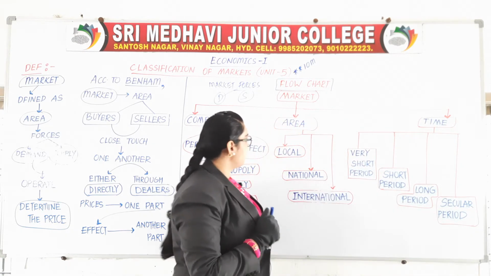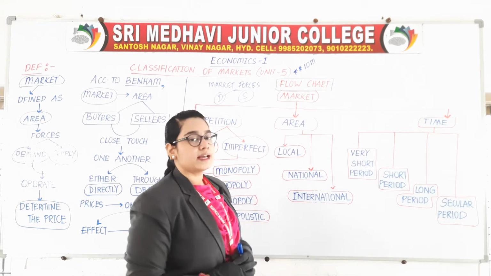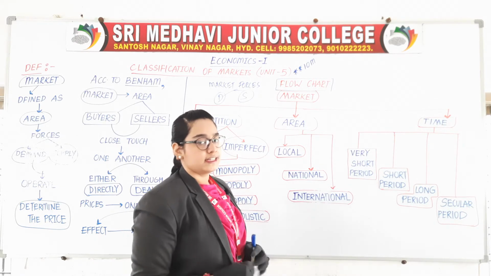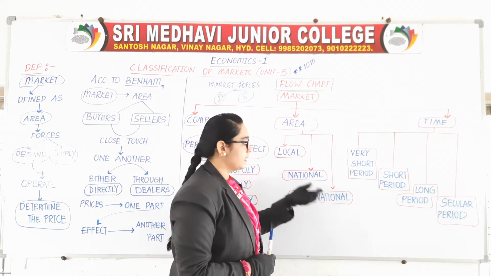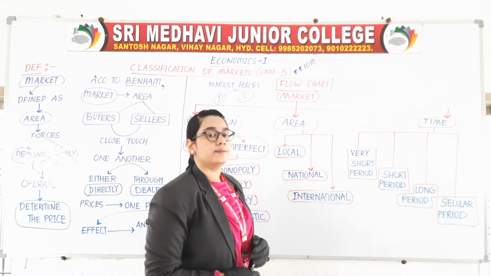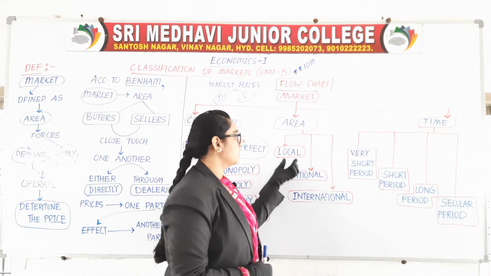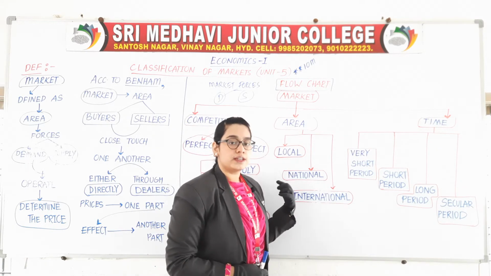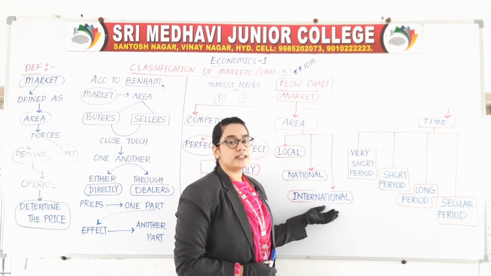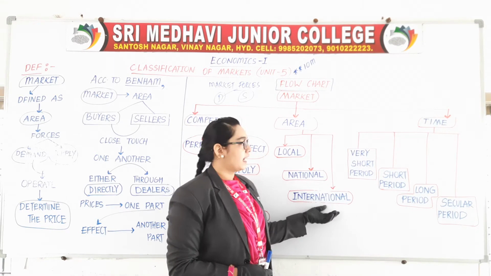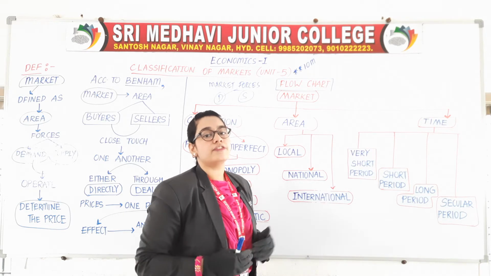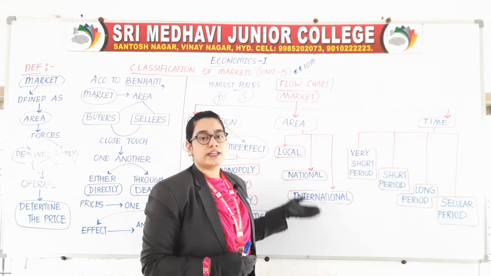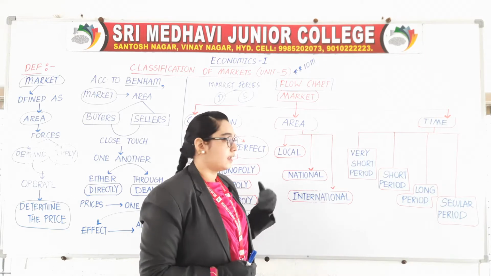Let us see, based on area, markets are classified into three types, that is local, national, and international. Markets are divided into local markets, national markets, and international markets. I hope there is no need to explain in brief because you are familiar with the terms local, national, and international.